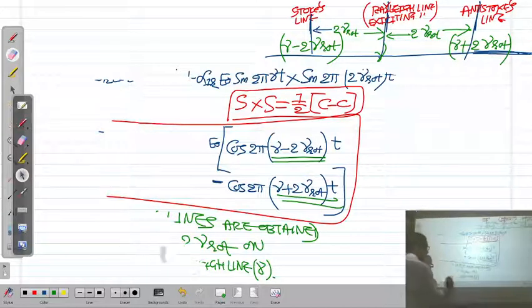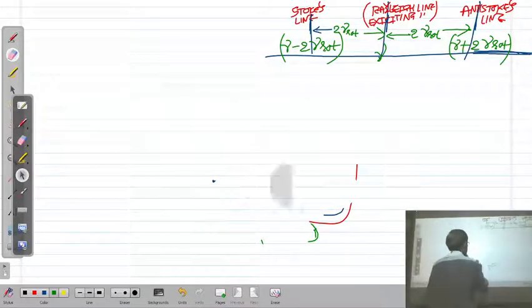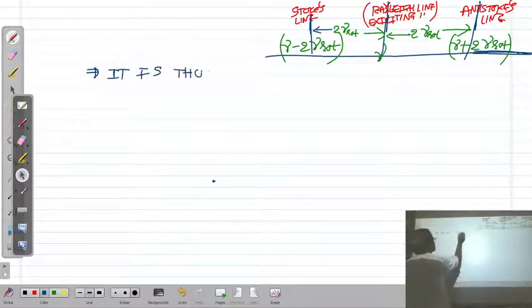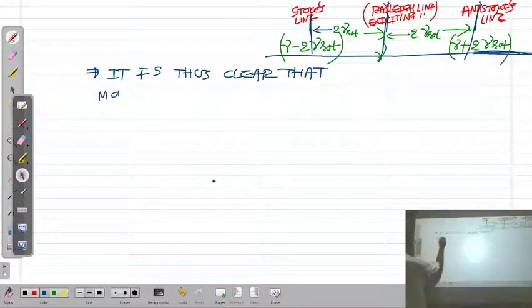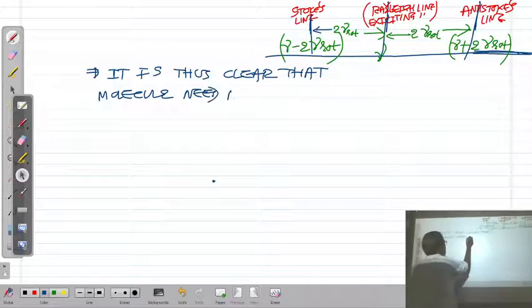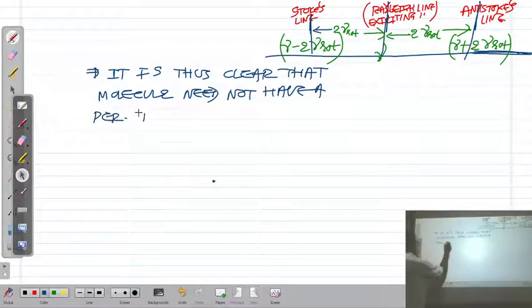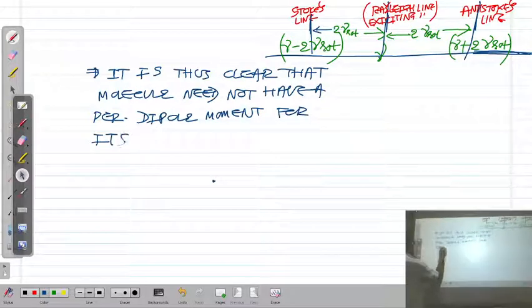Also mention that from the classical explanation, it is clear that a molecule need not have a permanent dipole moment for its Raman spectra.